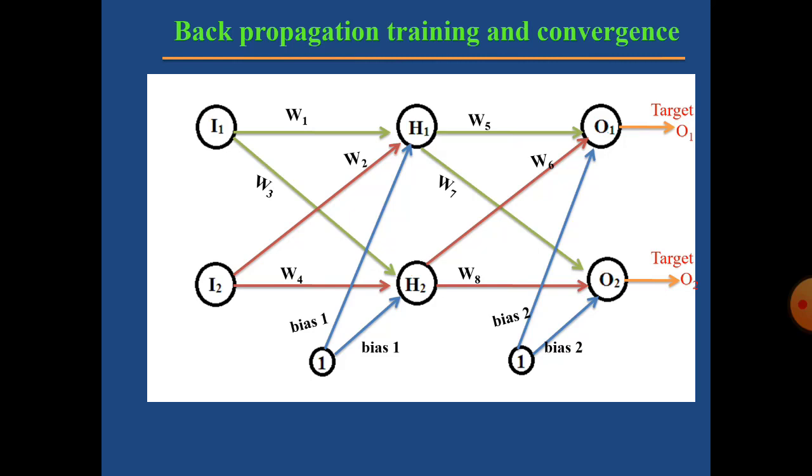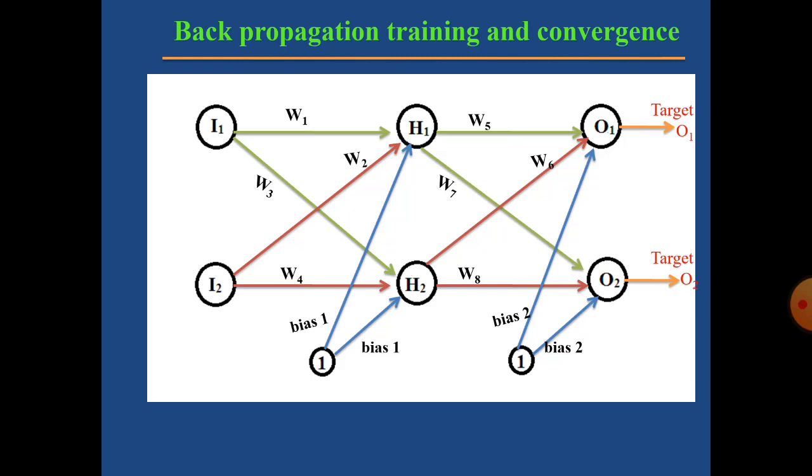First, we are going to perform forward propagation. We are moving in the forward direction, from left to right. In the forward direction we calculate the actual outputs O1 and O2, and we compare them with the target O1, meaning the desired output.